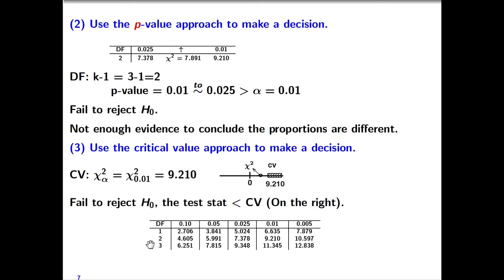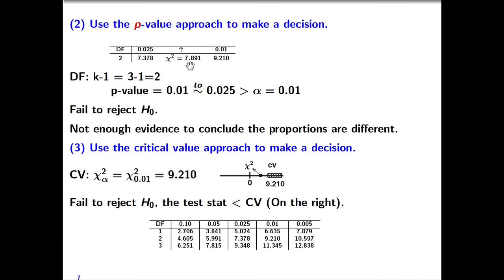Now, your test statistic chi-square is equal to 7.8911, which is between 7.378 and 9.210.